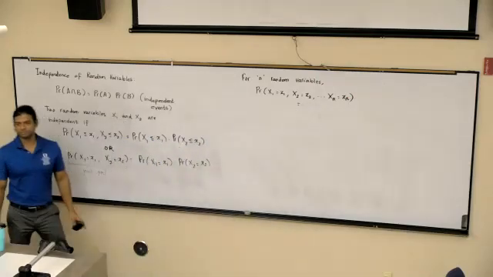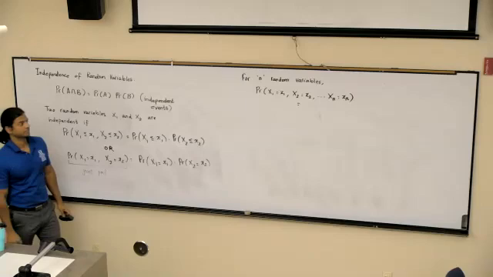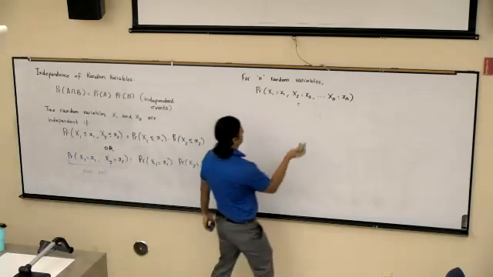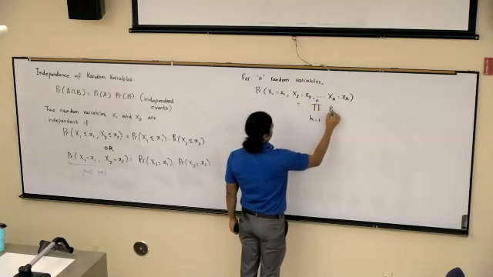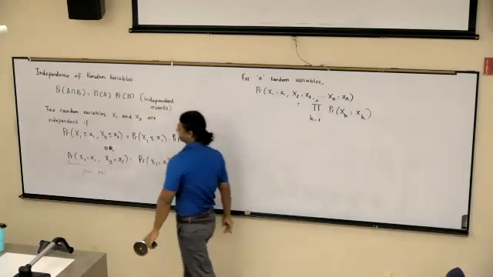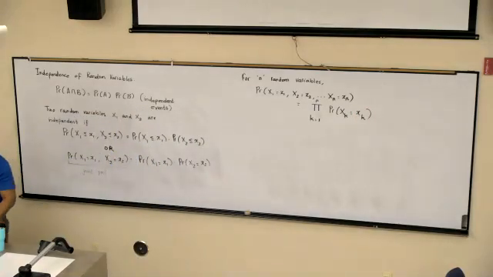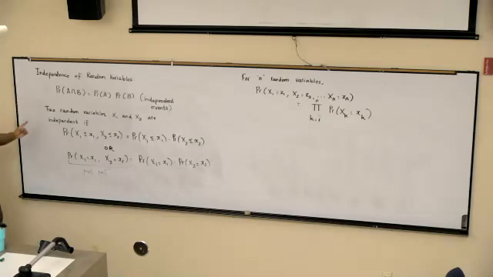The probability that X1 equals x1, and the probability that X2 equals x2, and so on. If it doesn't happen, then the random variables are not independent.